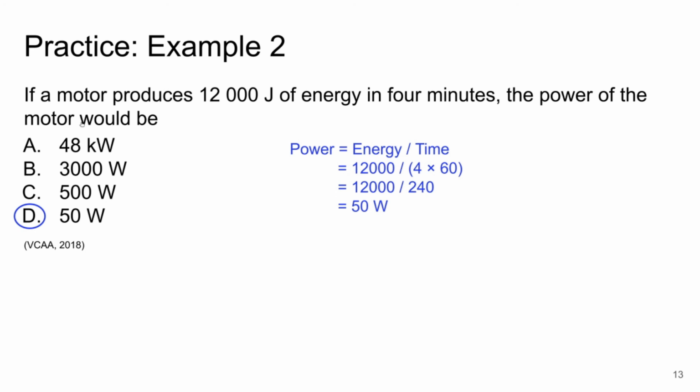Okay, power equals energy divided by time. We know what that energy is, that's 12,000 joules. We need to convert the time from 4 minutes to seconds, which therefore is 4 multiplied by 60, that's 240 seconds. Therefore, 12,000 joules divided by 240 gives you 50 watts, and the answer is D.